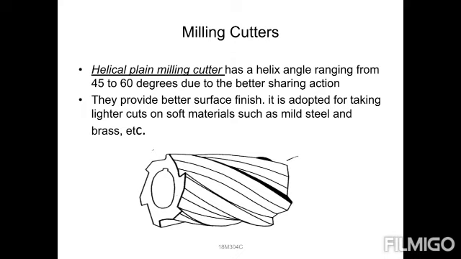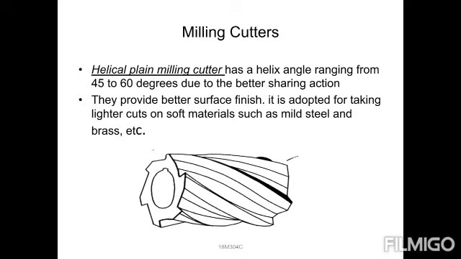Next one is the helical plain milling cutter, which has a helix angle ranging from 45 degrees to 60 degrees due to the better shearing action. So again, one more type of milling cutter, the helical plain milling cutter, has a helix angle range.